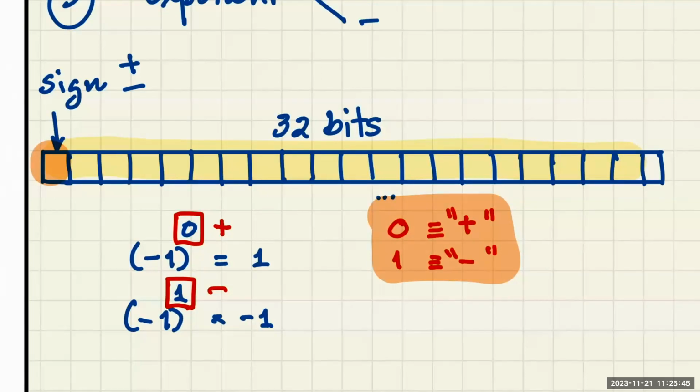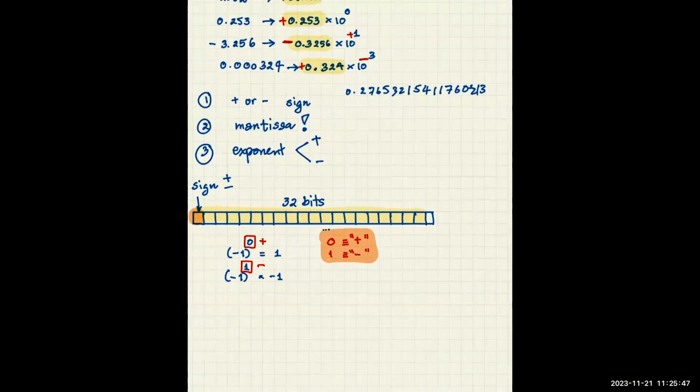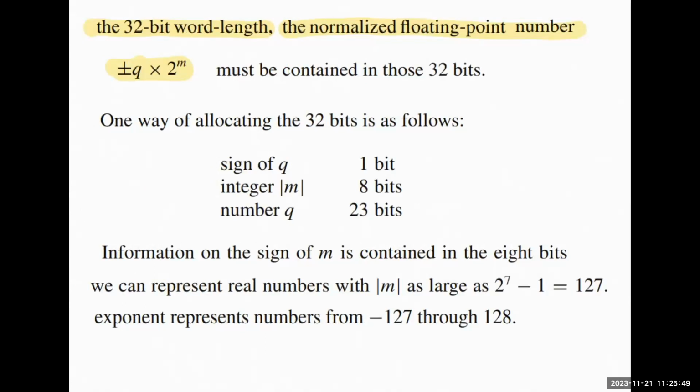In the standard normalized floating point number, they originally reserve the first bit for the sign of the number, and we store the other 8 bits for the exponent.